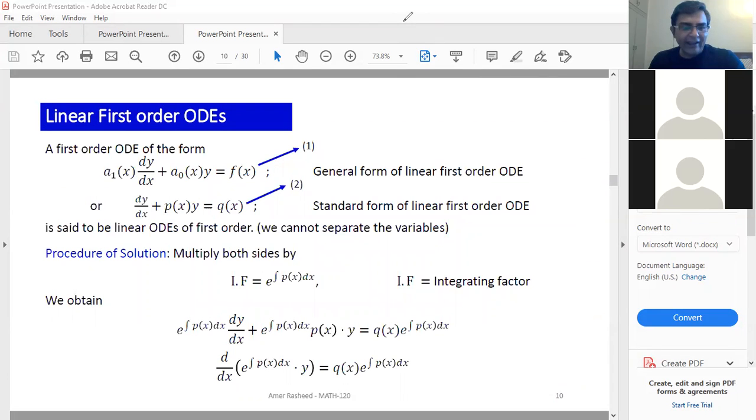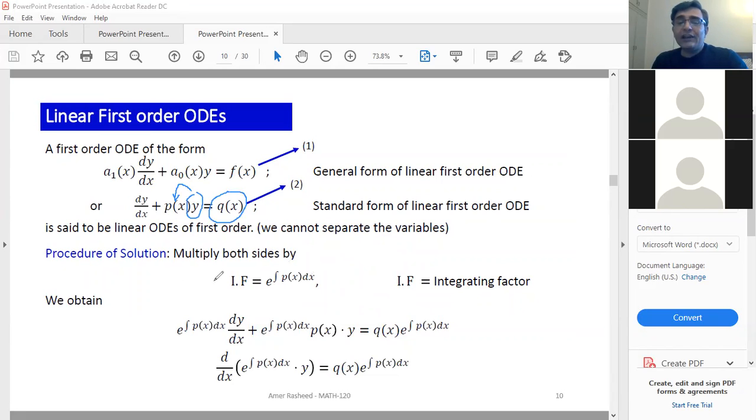You can see that here P of x should be the coefficient of y, and Q of x is a single function of x. It doesn't involve y.